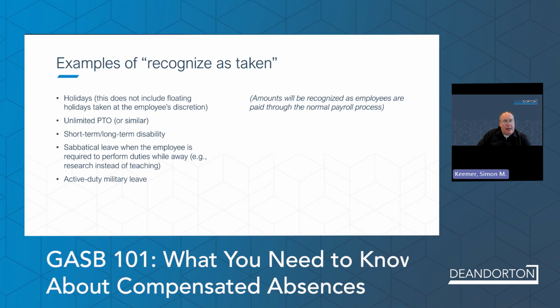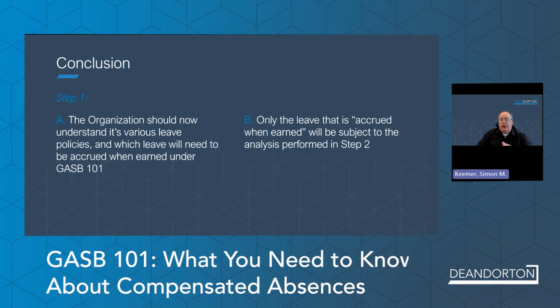So they're the three buckets of leave that in step one, as you're going through all of the types of leave that you offer your employees, you're going to be putting them into one of those three buckets.